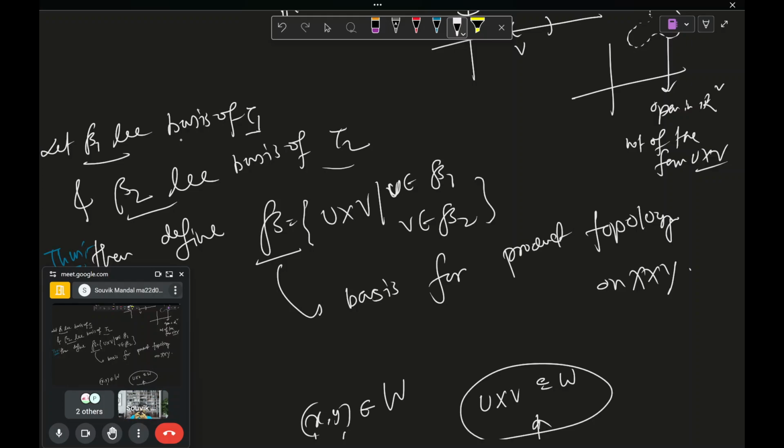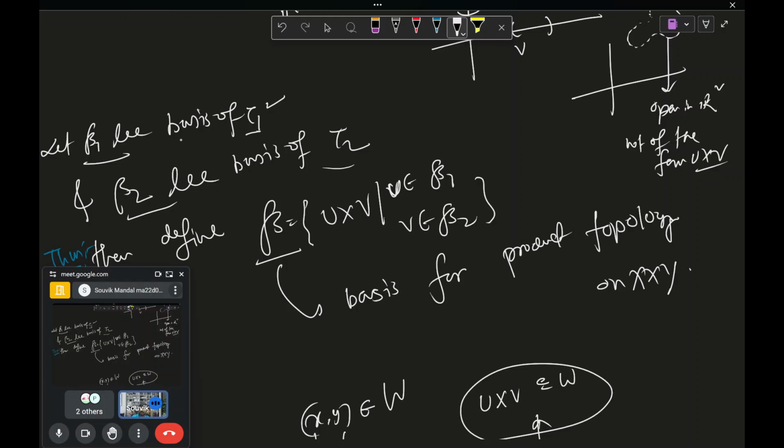So kindly explain, sir, please. Okay, look, since beta 1 is a basis for tau 1, what does this mean? Tau 1 is the collection of arbitrary unions of elements of beta 1. An arbitrary union of elements of beta 1 is nothing but the open sets of tau 1.